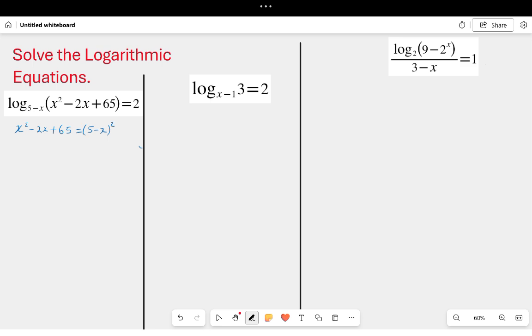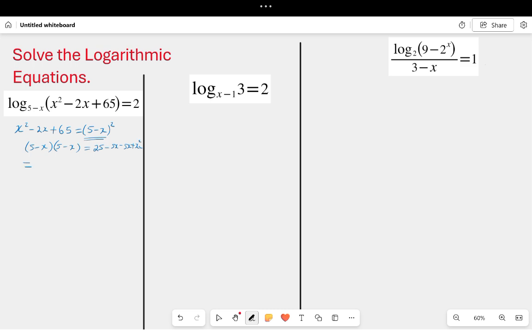Now expanding the right hand side, it's going to be equal to 5 minus x multiplied by 5 minus x, which is going to be equal to 25 minus 5x minus another 5x plus x squared.